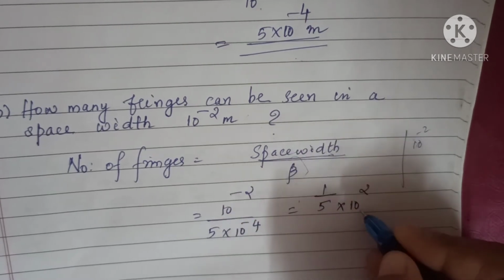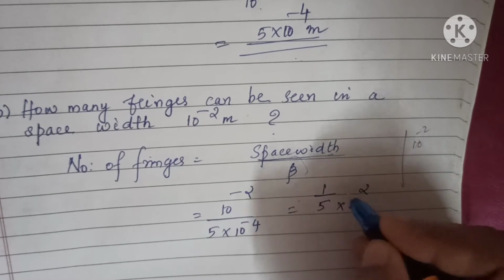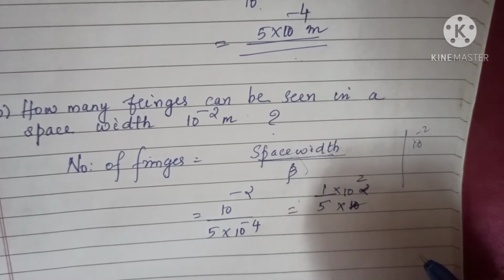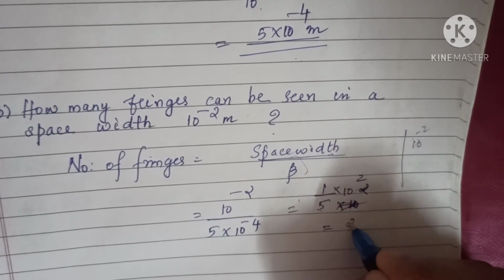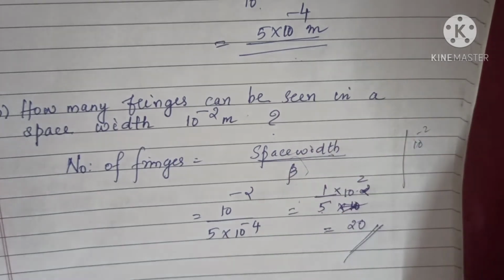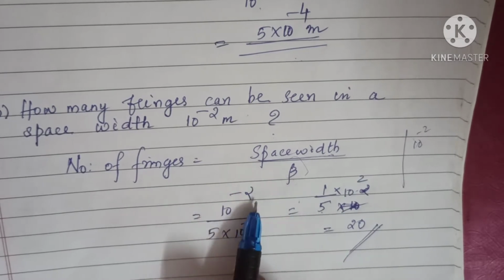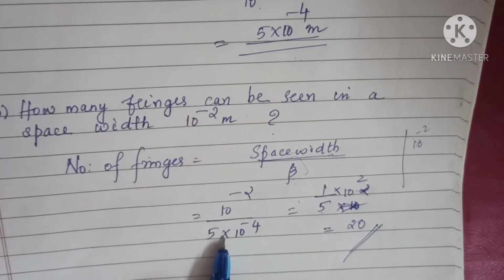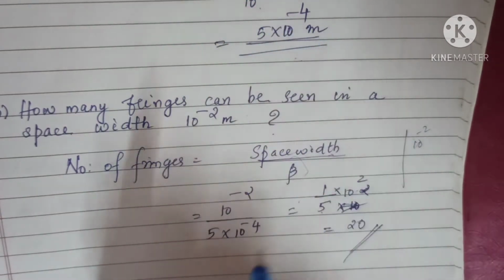Or you can write it as 1 by 5 into 10 squared. This will come here. Isn't it? That is 100 by 5, which is 20 is the number. Clear? So number of fringes equals space width by beta. Space width is given as 10 power minus 2 and beta you found from the previous question.